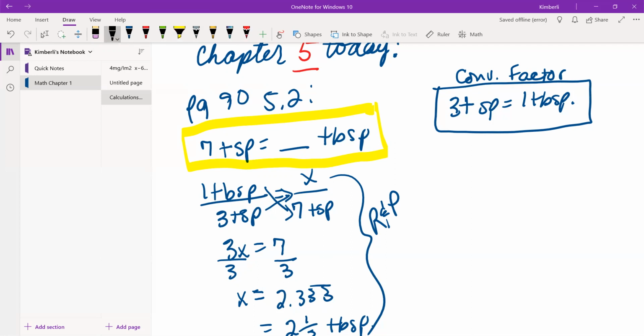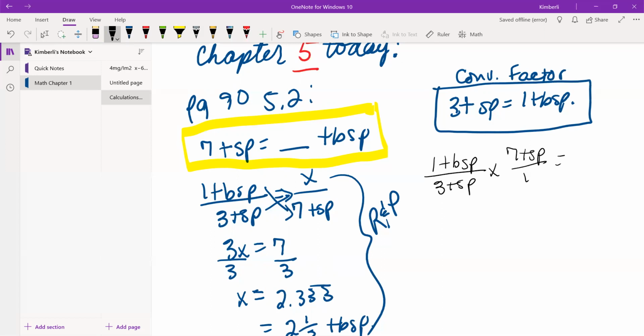So we're going to take the same thing, 3 teaspoons is 1 tablespoon. We want to know how many tablespoons. So we're going to put 1 tablespoon over 3 teaspoons, multiplying it by 7 teaspoons over 1. And that makes it a fraction. So we're multiplying a fraction by a fraction.